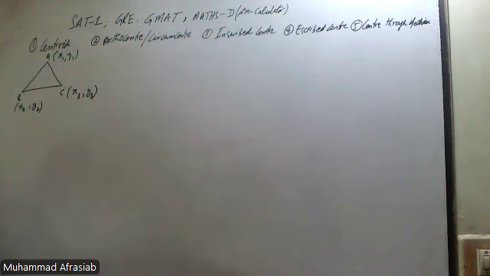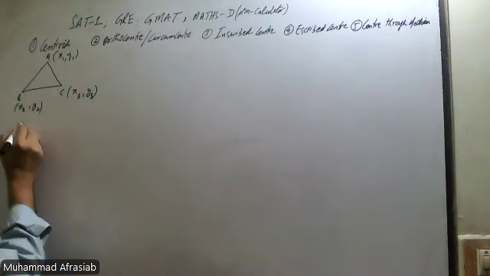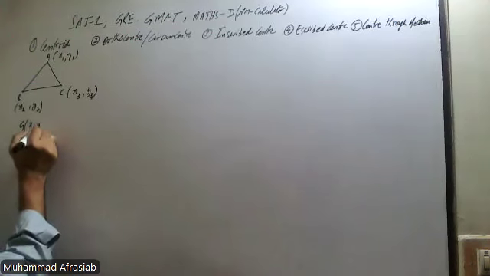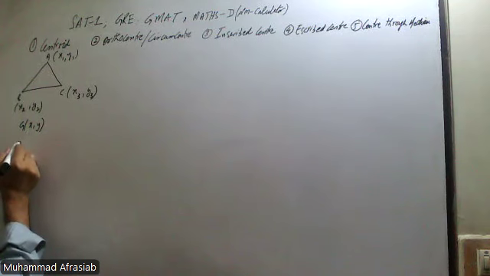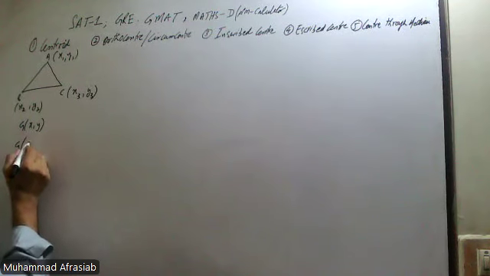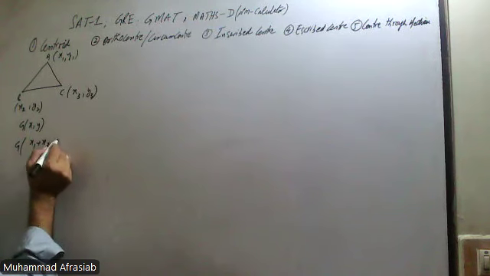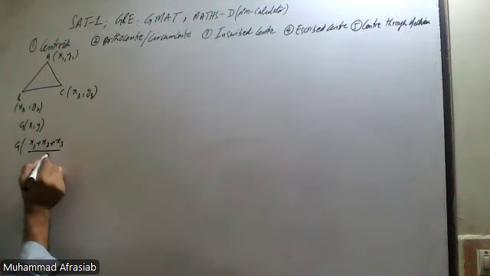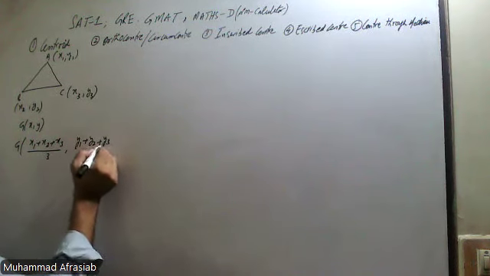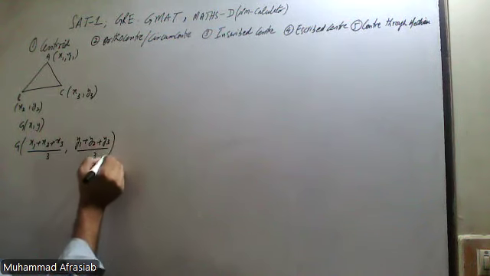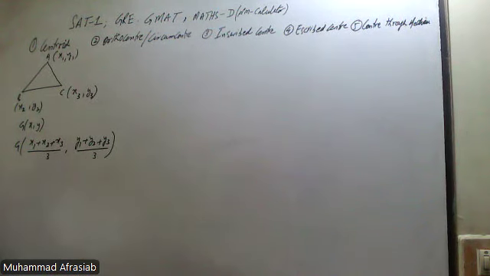And you are finding the center of this centroid figure for this triangle ABC. So what we do, we take the average of all these 3 points. Let G be the centroid, which is represented by x, y. Then this G having the x as (x1 plus x2 plus x3) divided by 3 and y as (y1 plus y2 plus y3) over 3. So these are the coordinates for the centroid of this figure.